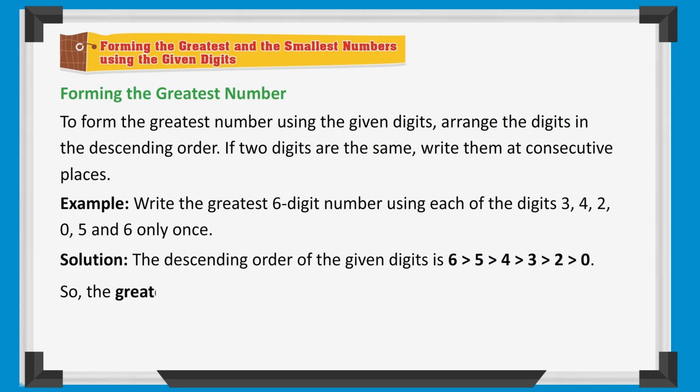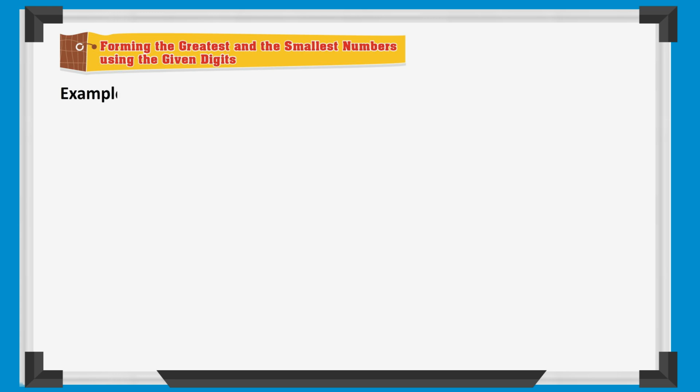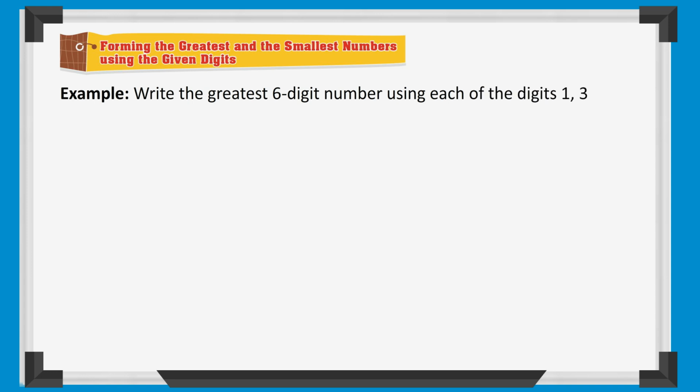So the greatest 6-digit number formed from the given digits only once is 654320.